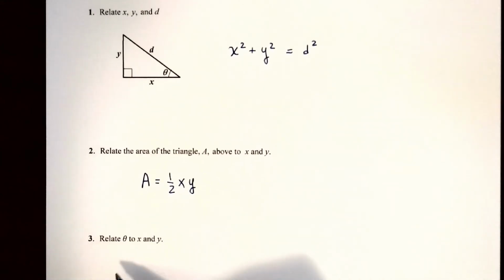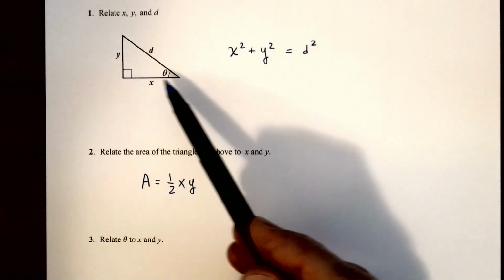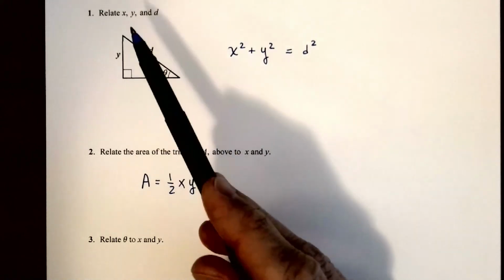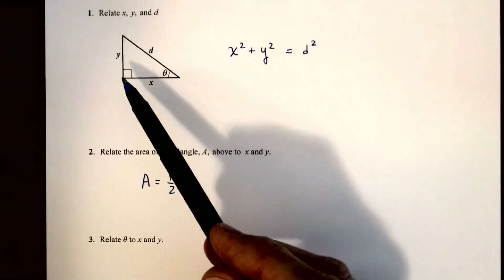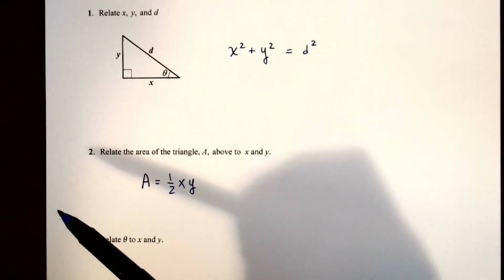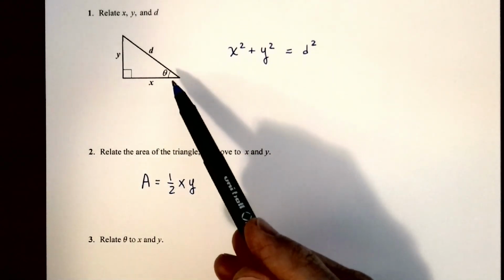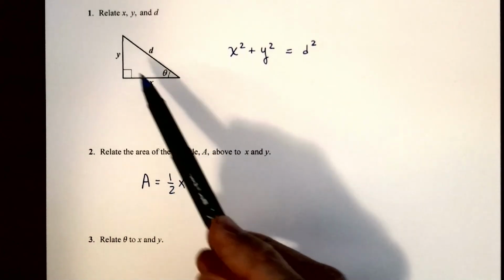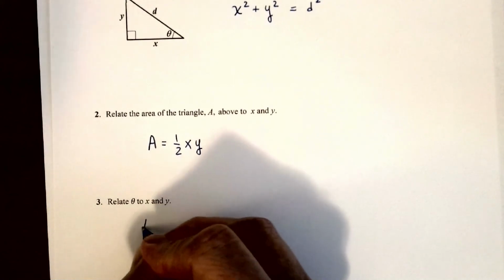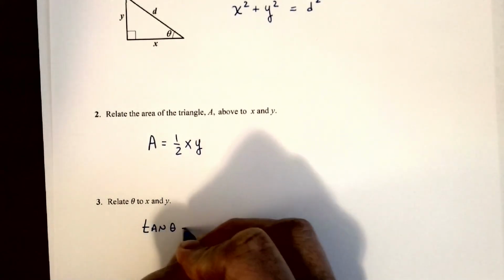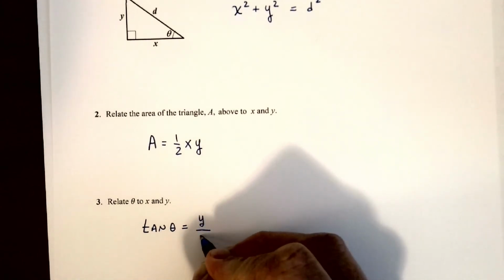So we look at relating the angle theta to x and y. X in relation to theta is the adjacent side length, and y is the opposite. So which trigonometric function relates the opposite and adjacent side lengths together? The answer should be tangent. Tangent of theta is the opposite over the adjacent, so y divided by x. So one way to write this relationship is that the tangent of theta is y over x.